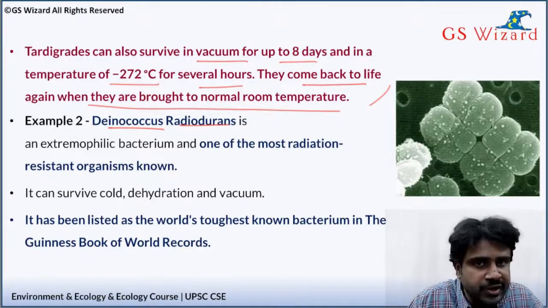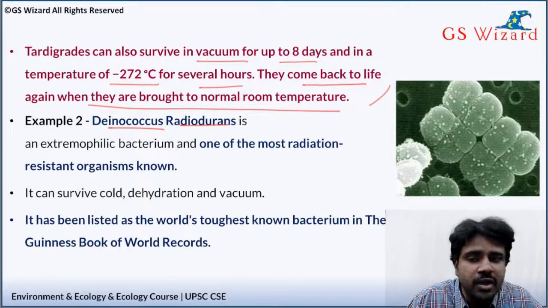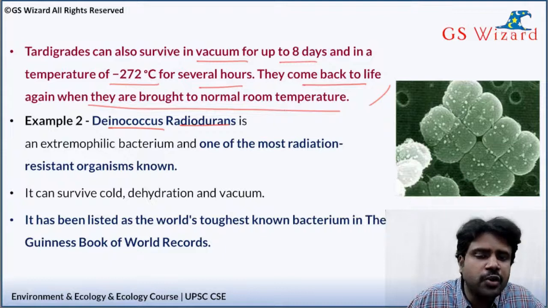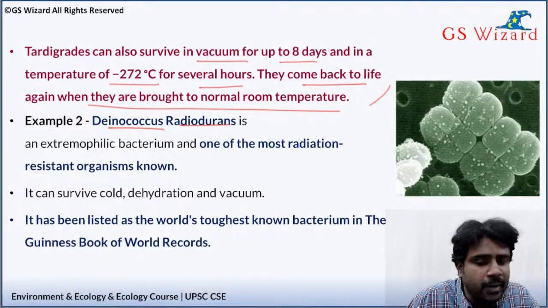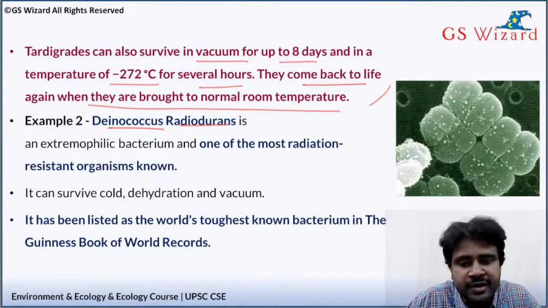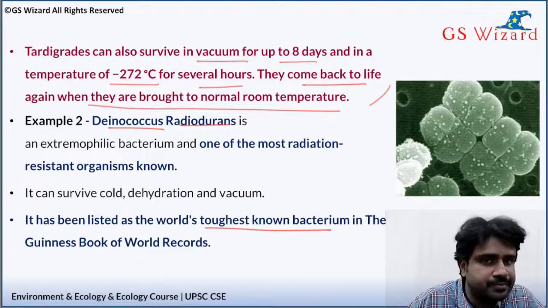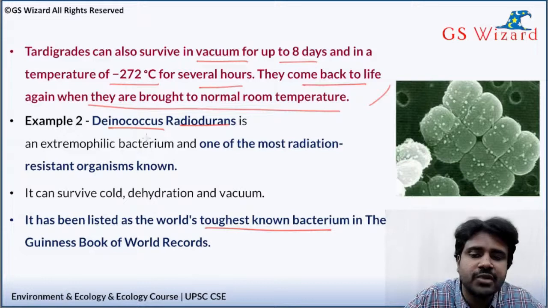We all know how dangerous nuclear radiation is, right? But Deinococcus radiodurans can even withstand high dosage nuclear radiation. So it is one of the most resistant microorganisms on planet Earth, and it is considered to be the world's toughest known bacteria.